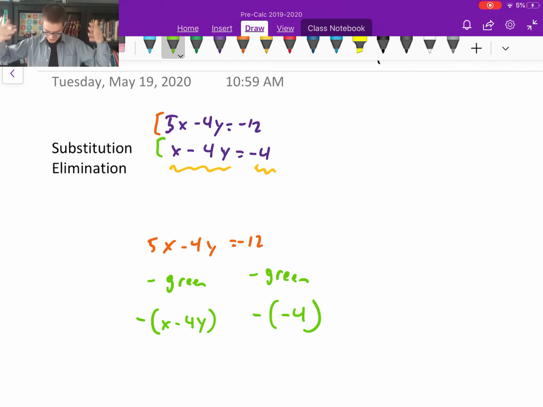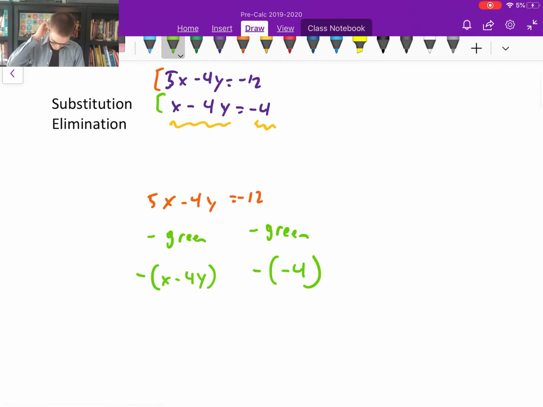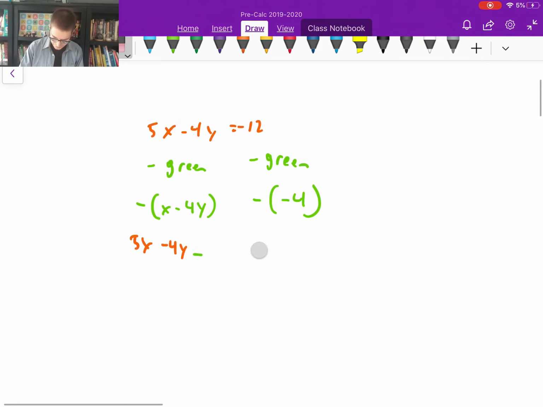I'm subtracting just green. And so that gives me 5x minus 4y minus x minus 4y, which we could just replace as minus x plus 4y, and that equals negative 12 minus a negative 4, or negative 12 plus 4.